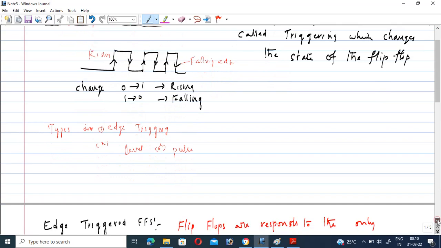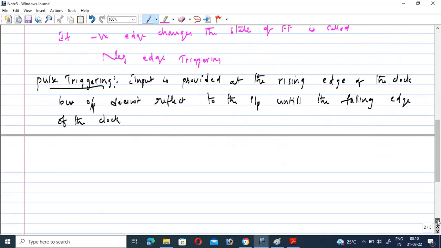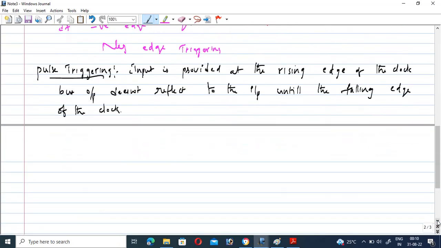In pulse triggering, input is applied at the rising edge of the clock, but it does not produce the output until the negative edge of the clock is present. So this is generally called pulse triggering.